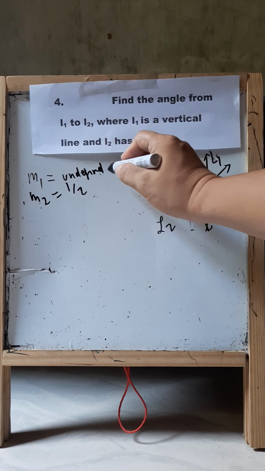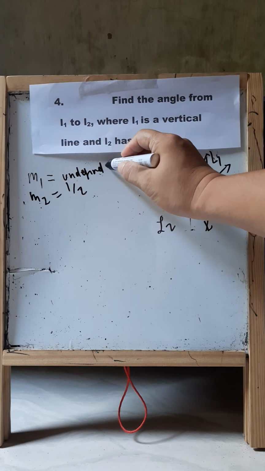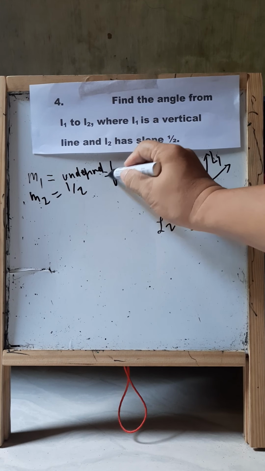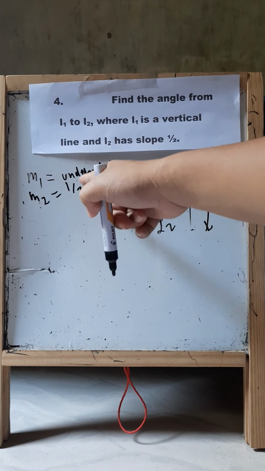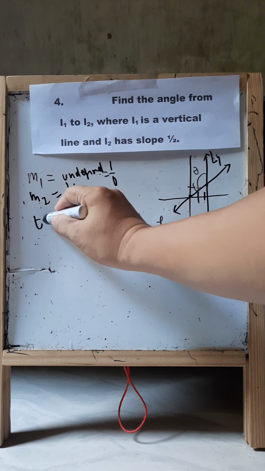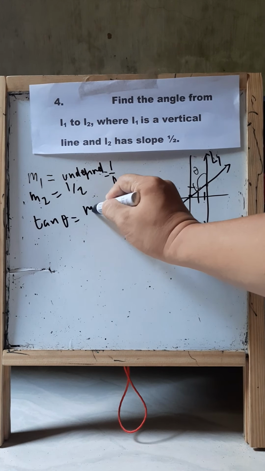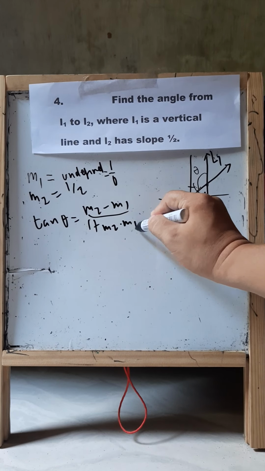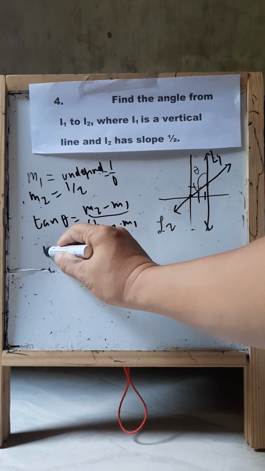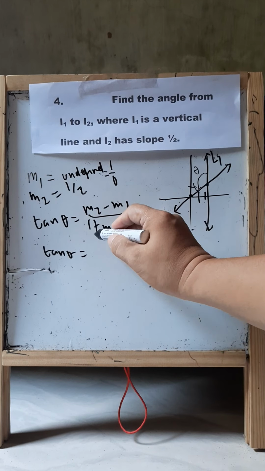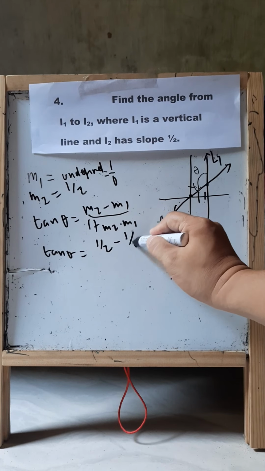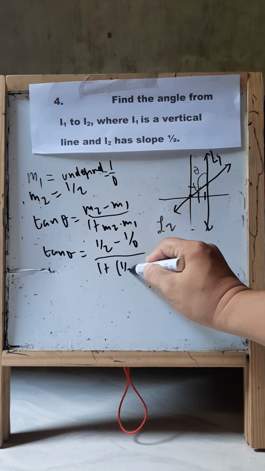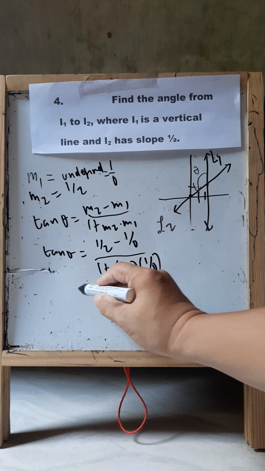When we say the slope of line 1 is undefined, we can assign the value 1/0. Okay, 1/0 is still undefined. So to solve for the angle, we have the formula tangent theta equals m sub 2 minus m sub 1 over 1 plus m sub 2 times m sub 1. Substitute 1/2 minus 1/0 over 1 plus 1/2 times 1/0.